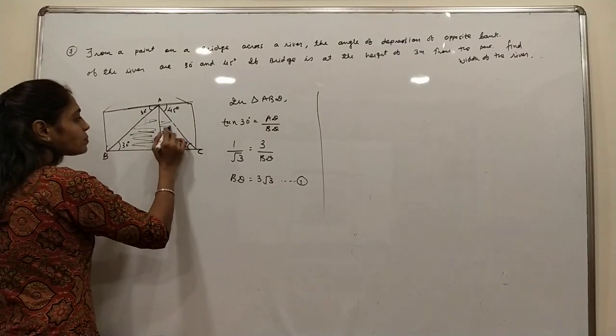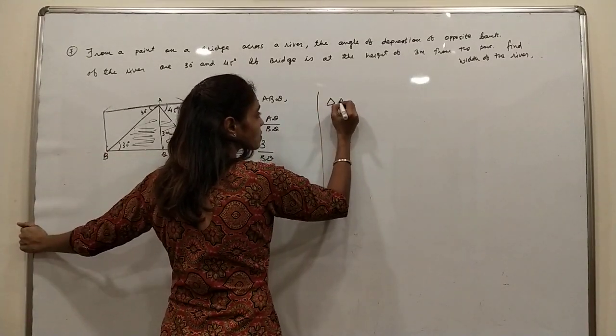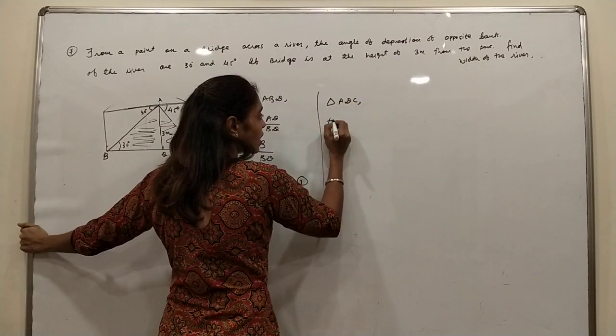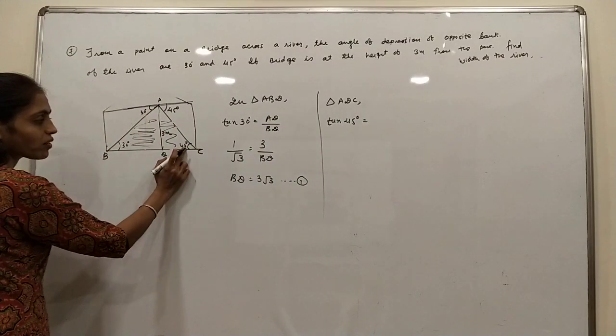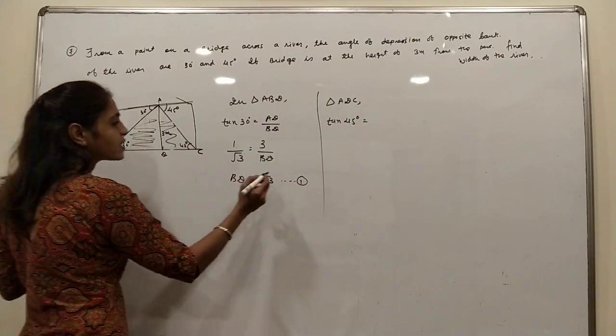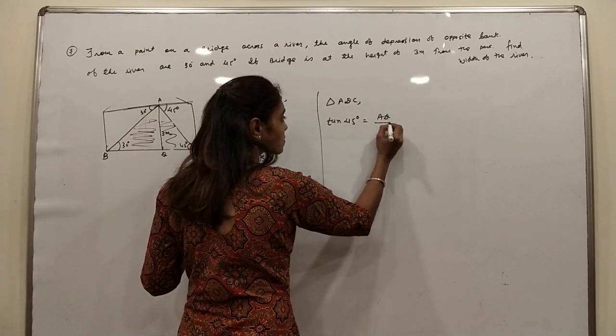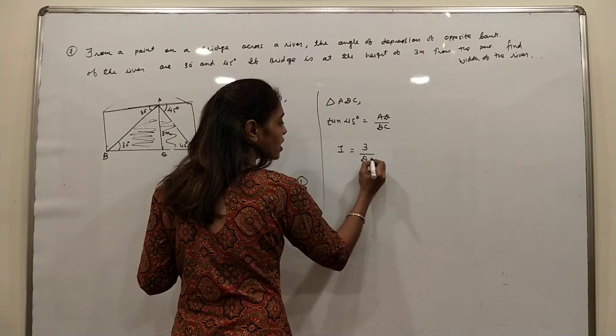Now in triangle ADC, tan 45 is P by B, that is AD upon DC. Tan 45 is 1, AD is 3 upon DC.